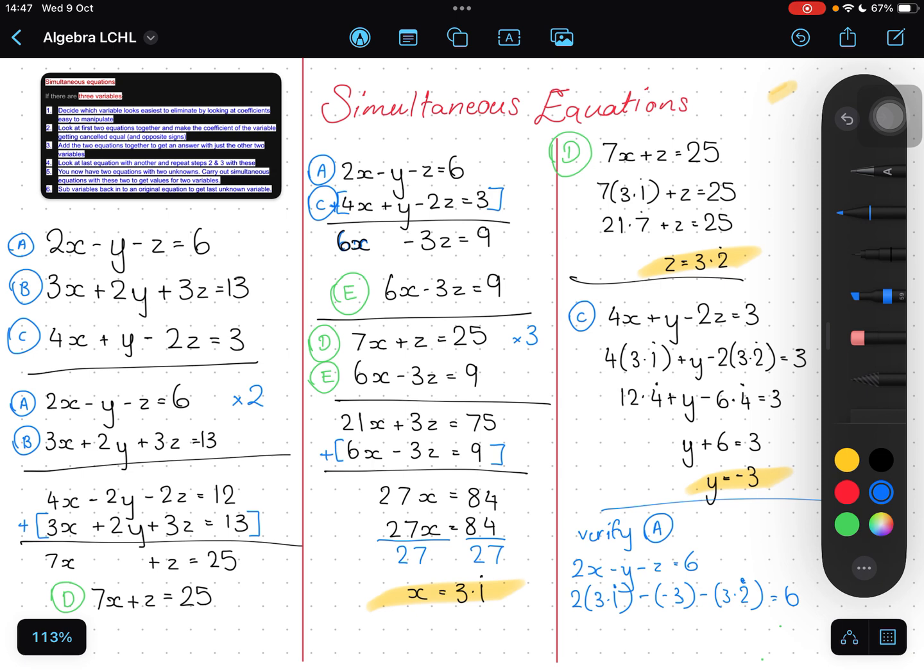So we will get 6.2 recurring plus 3, so 9.2 recurring, minus 3.2 recurring is 6. So 6 is equal to 6. That's my simultaneous equations verified as well. If they ask you to round, make sure that you still write your answer before rounding and then in the next line round.